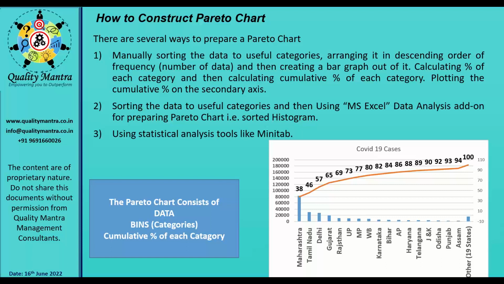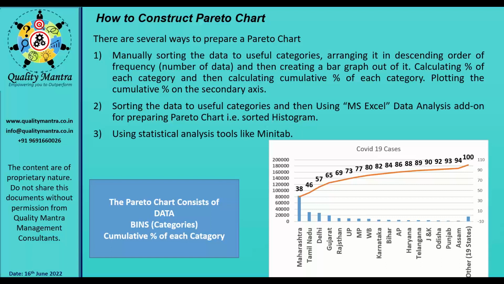Now, how are you going to make the Pareto chart? One is manually you can do. You classify the data into useful categories first, stratification you have to do, then arrange the data in descending order from higher to lower. Then you make a bar graph, and then you make a cumulative percentage line graph. That is one thing.